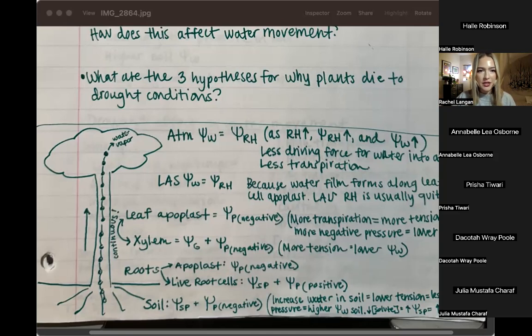As you increase the tension, you increase negative pressure. So the more transpiration that's happening, the more evaporation, the more you get negative pressure. The more negative pressure, the more tension, the lower the water potential. Because as this value becomes more negative, that's going to make the water potential more negative.